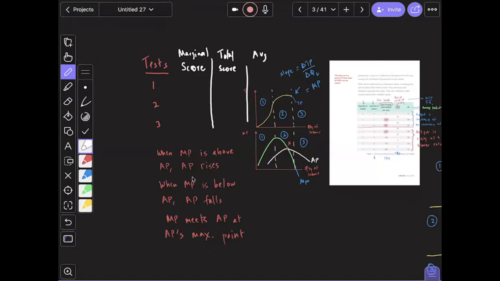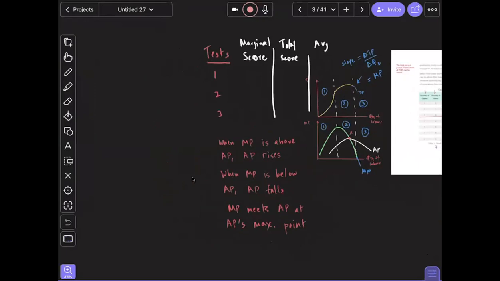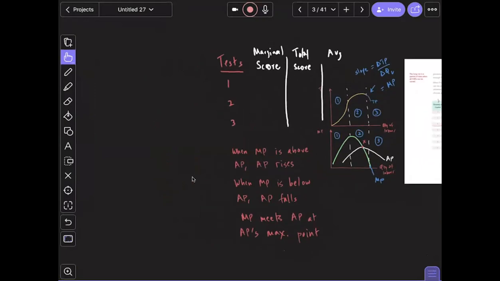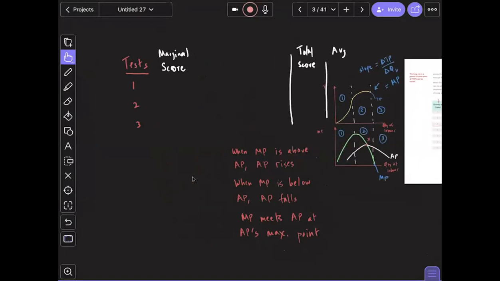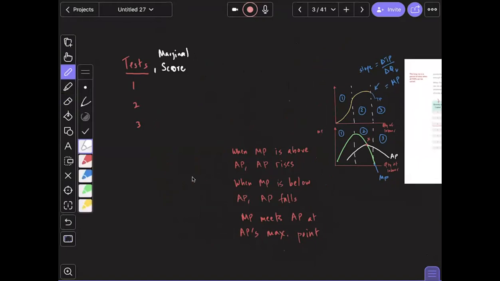Let me move these slightly so that it doesn't destroy our diagram. So marginal score, then total score, and then your average score.